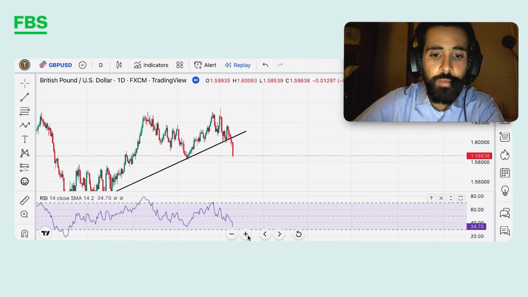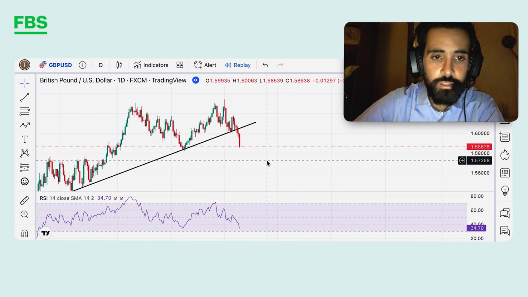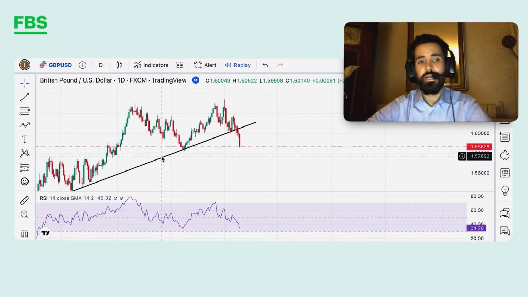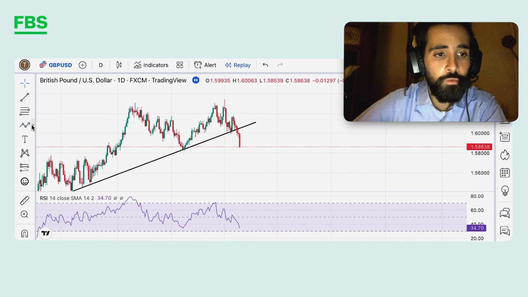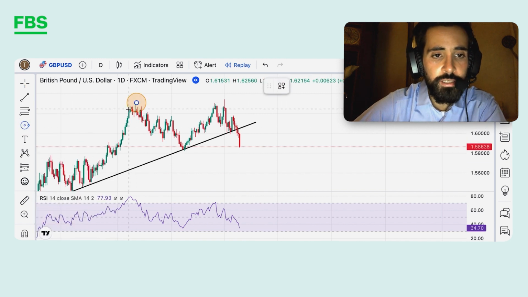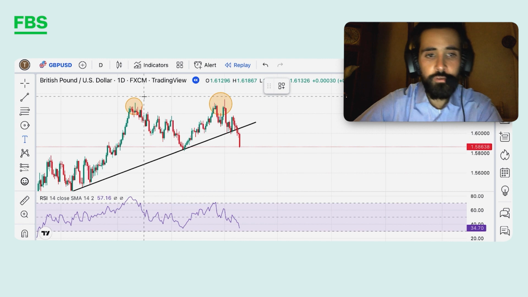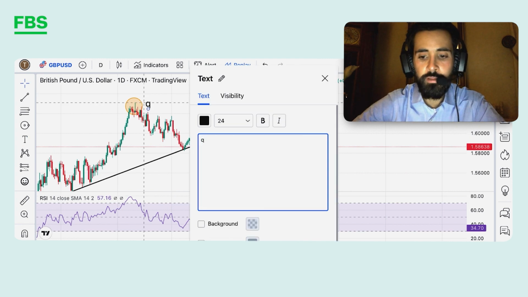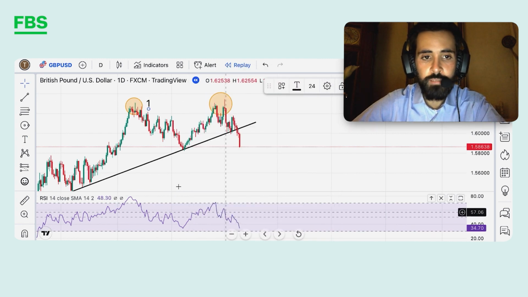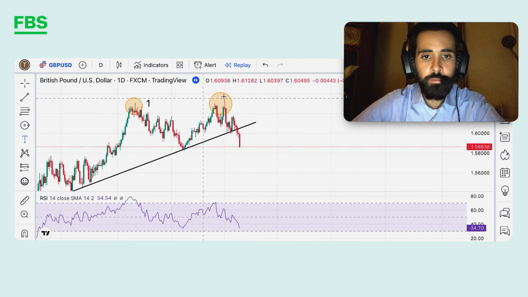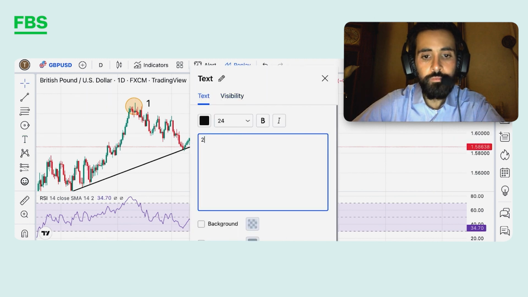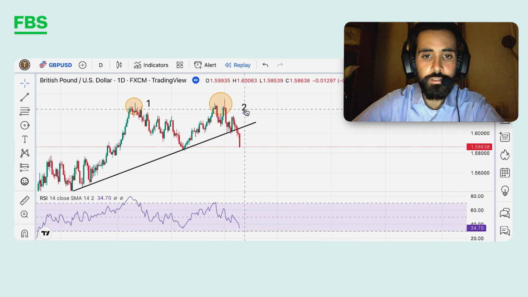And if we zoom in to see those two highs, the first thing we need to look at is the highs. So we start off by highlighting this high. This is the first high, and we highlight this second high right here. Just for simplicity, I'm going to name these highs number 1 and number 2, so you can understand easier.